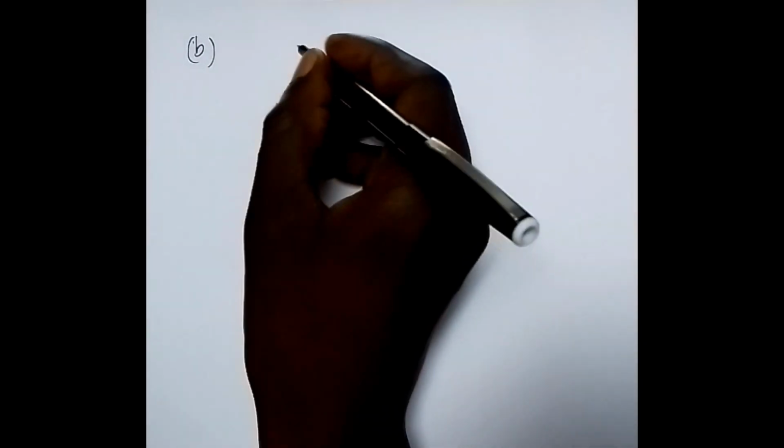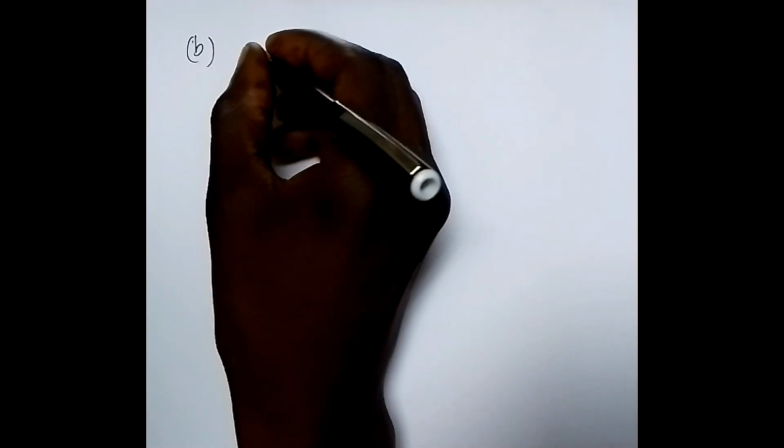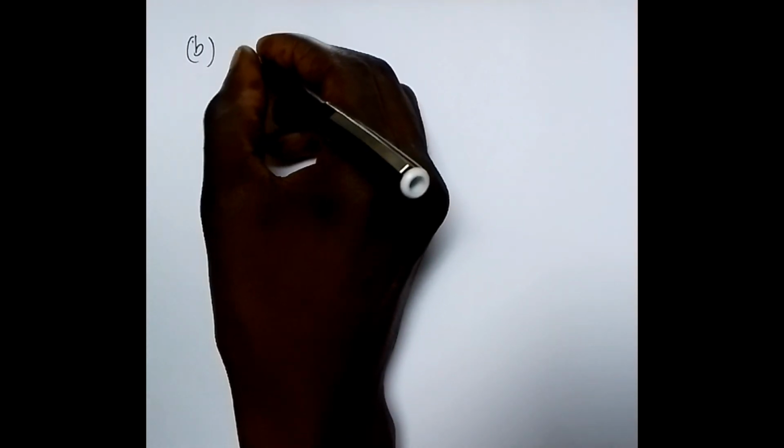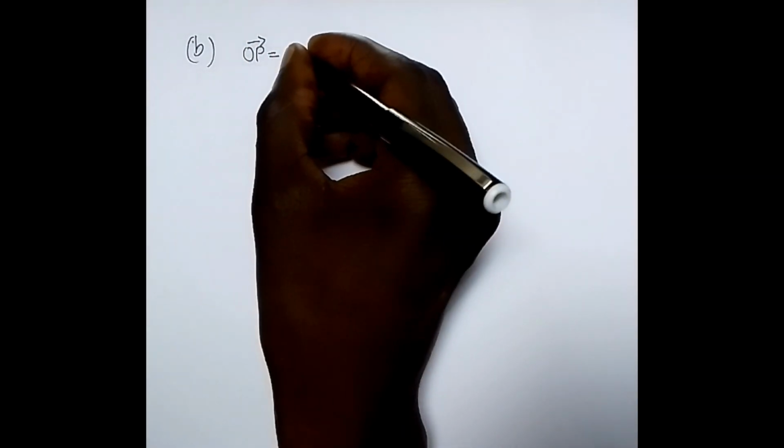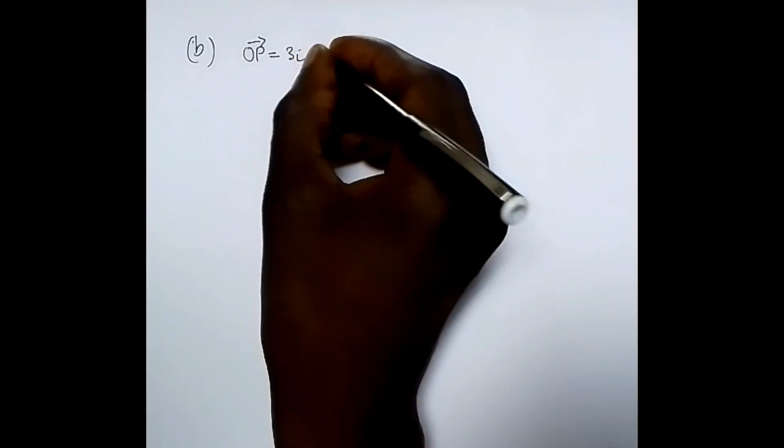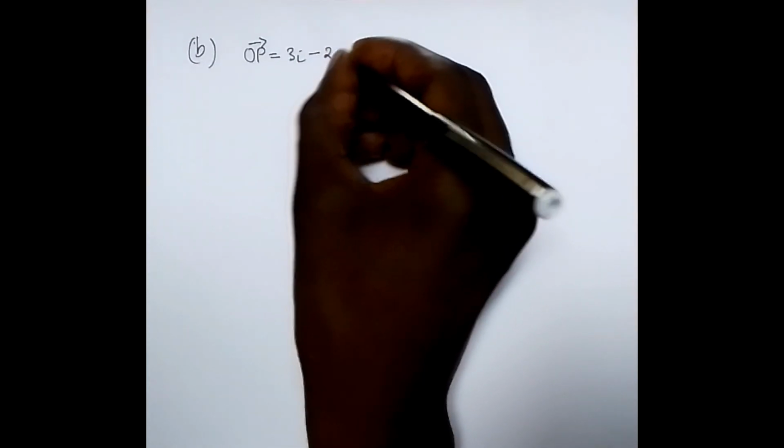So first of all, let's show that these points are position vectors. So P, Q, R. The position vector P will start from O. So OP is equal to 3i minus 2j.